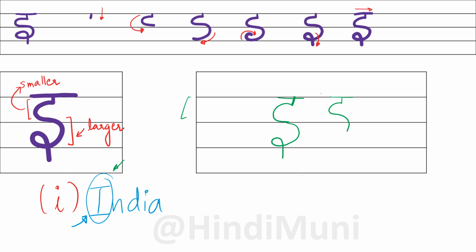Smaller semicircle, a larger semicircle, and this. That was a bit ugly. Just going once more. The point to be noticed is this part has to be smaller, this part has to be larger, and the pronunciation is as in India, and it is transliterated with an I.